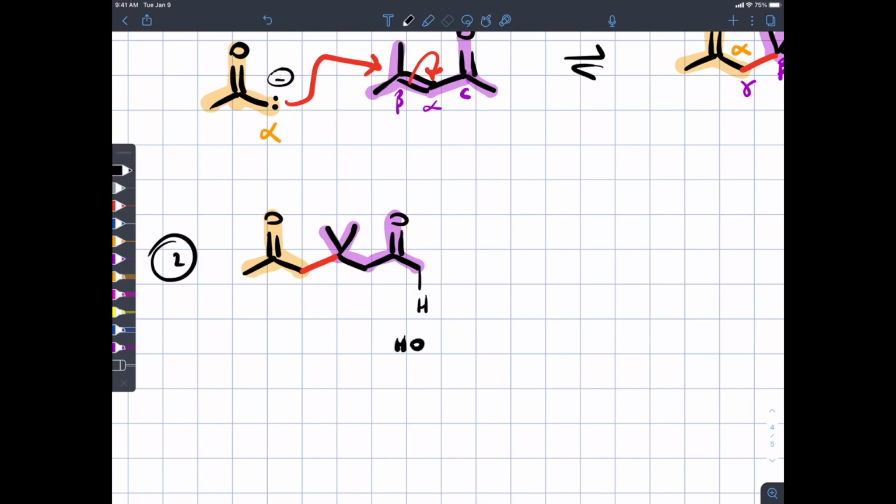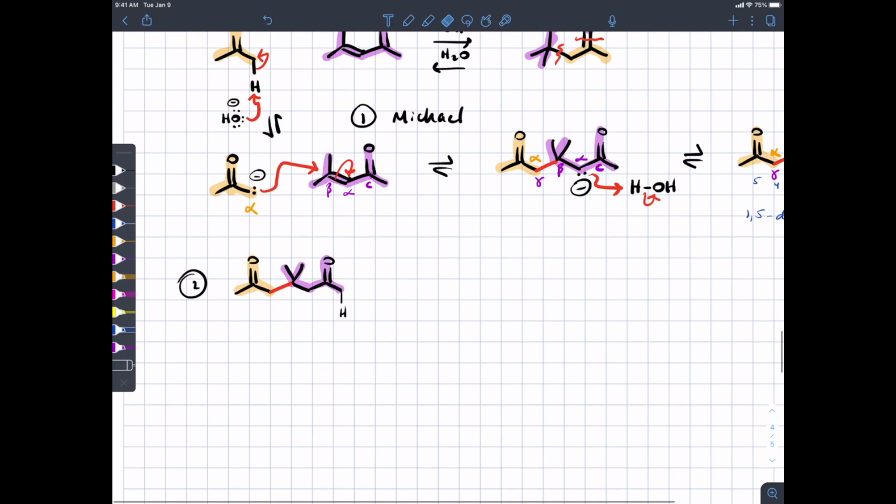We're still in basic aqueous solution for this, so it's reasonable for OH- to remove that alpha proton. Again, all of these are equilibrium steps, so the driving force is going to be the stability of the product relative to the starting materials.